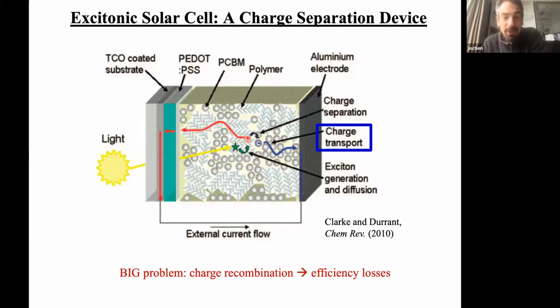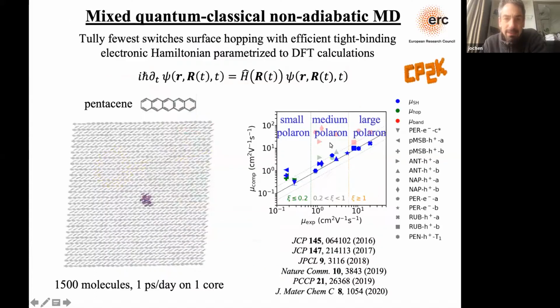There are lots of things going on in such an excitonic solar cell, and the process that we have focused on so far is entirely charge transport. In this project that we have been busy with for the last 4 or 5 years, we have been trying to understand how these charge carriers look and how they move in these materials.